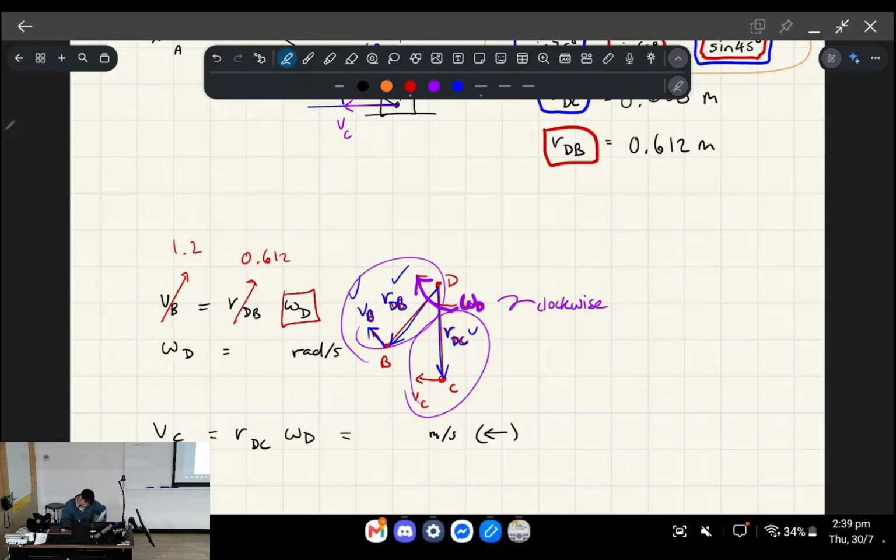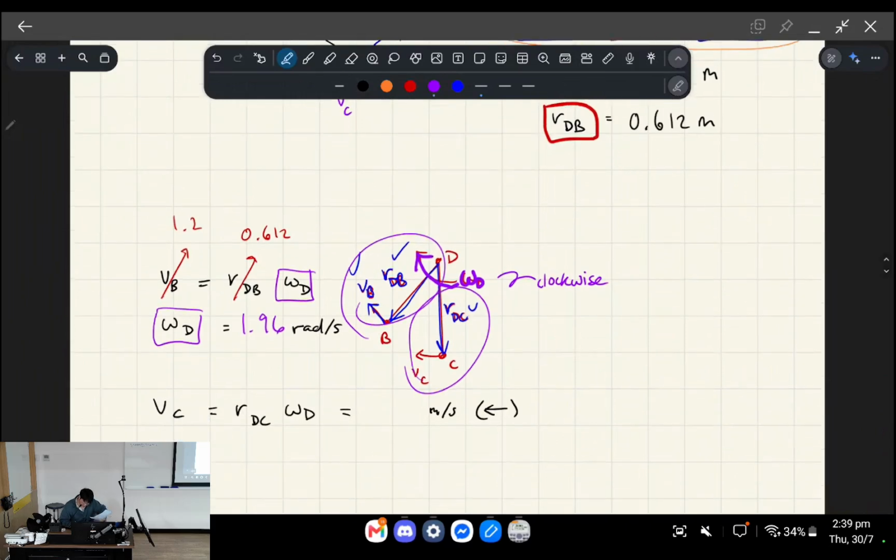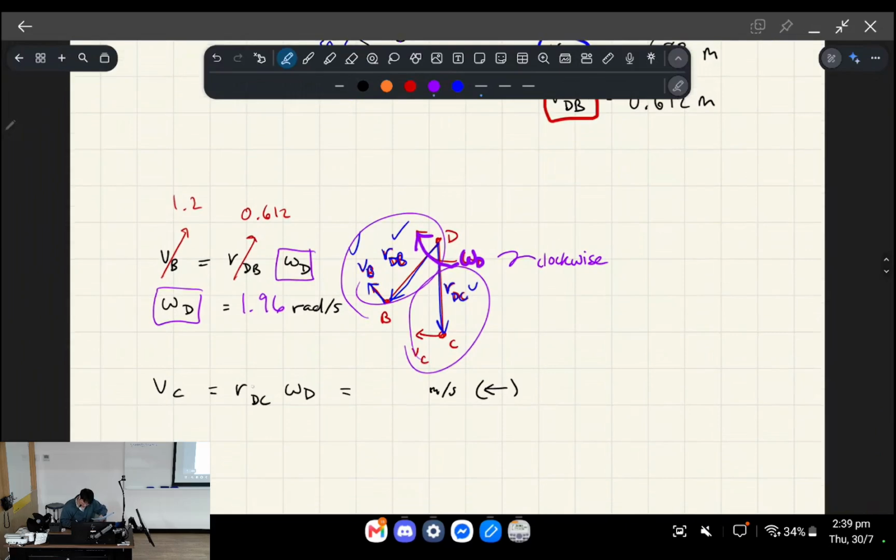We rearrange for this, giving us 1.96 radians per second, okay? And then we can ultimately work out this one, through the fact we know this one and the fact that we know this one. So now we've just worked out the velocity of node C.